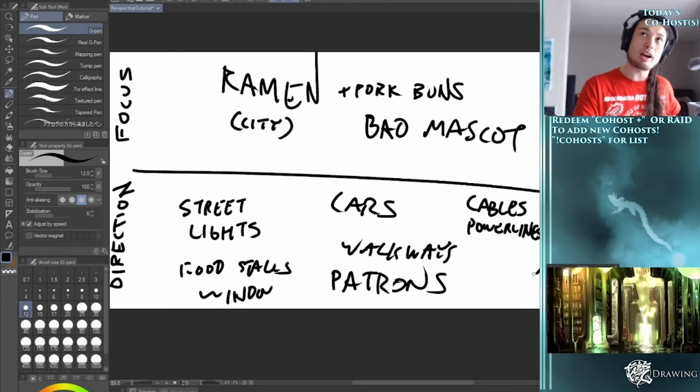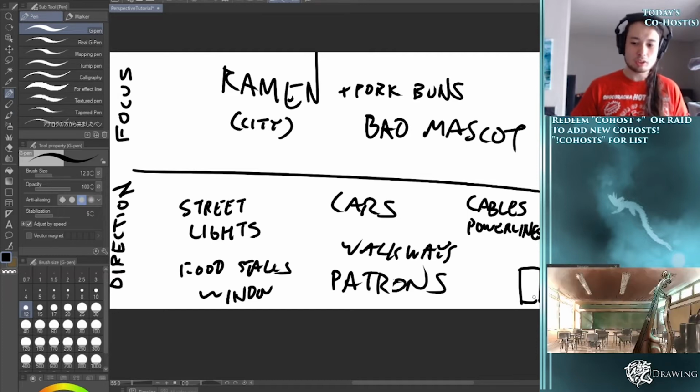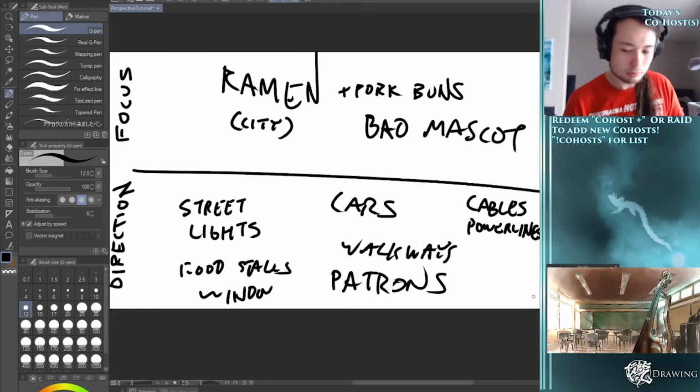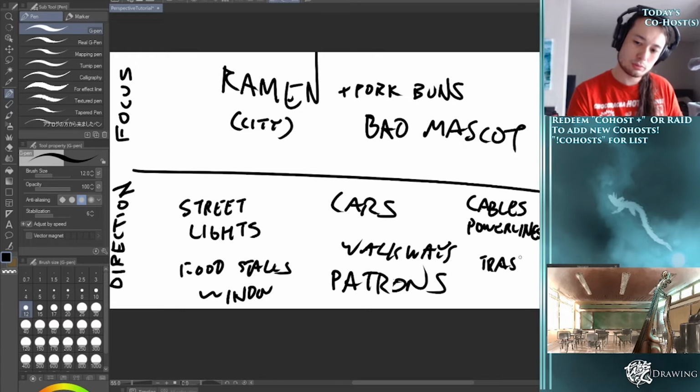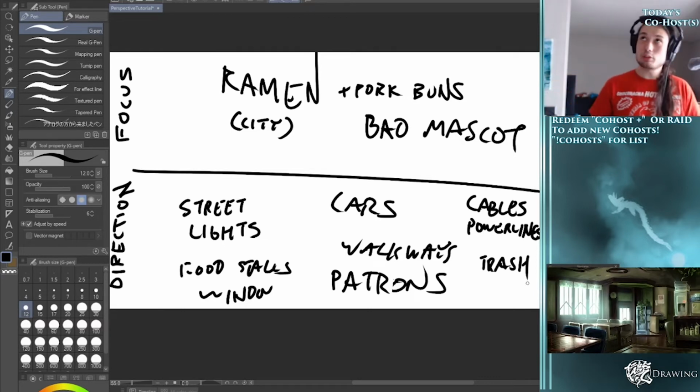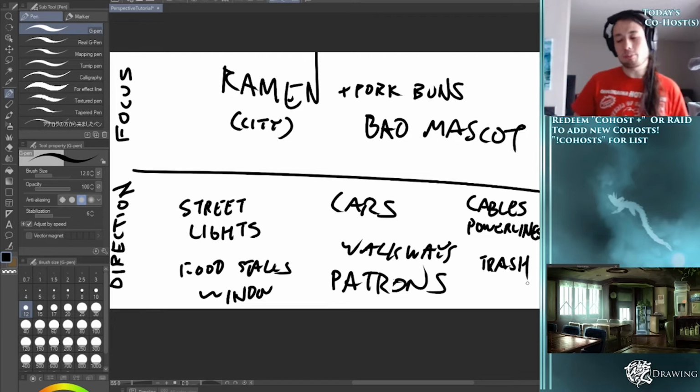But the reason why trash cans is not as big a detail is the same reason why I would say that maybe a bird wouldn't work either. You know what I mean? A fallen over trash can. Or even trash might be better. Sure. Trash. Okay.